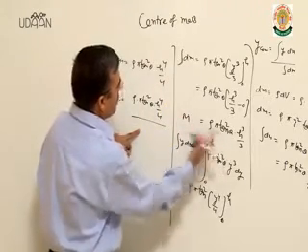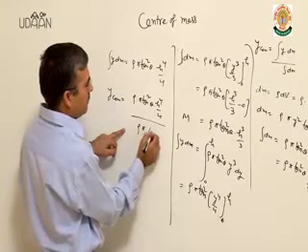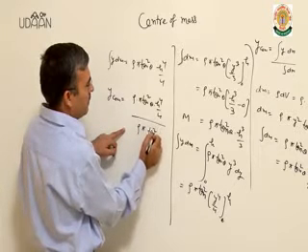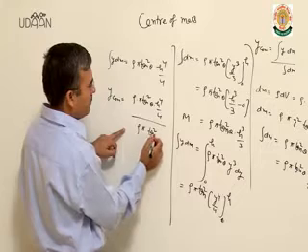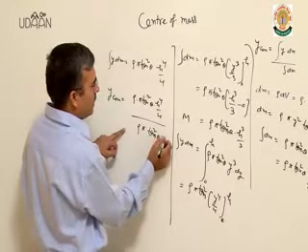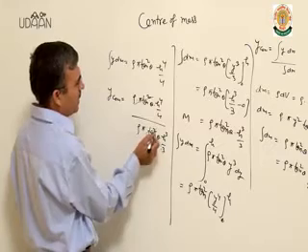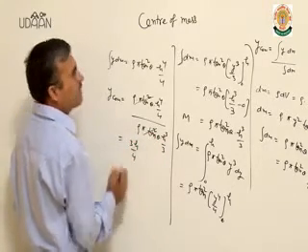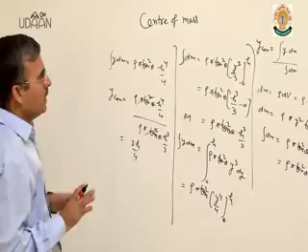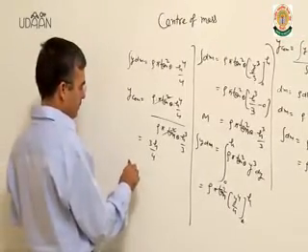It is total mass. It is rho into pi tan square theta h cube by 3. It is cancelled. So this will be 3h by 4. Clear?